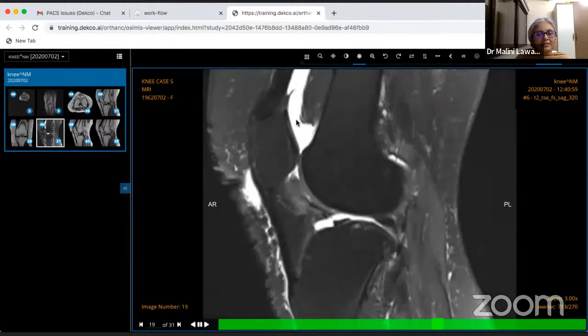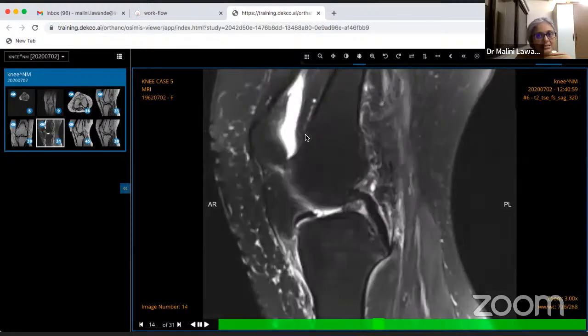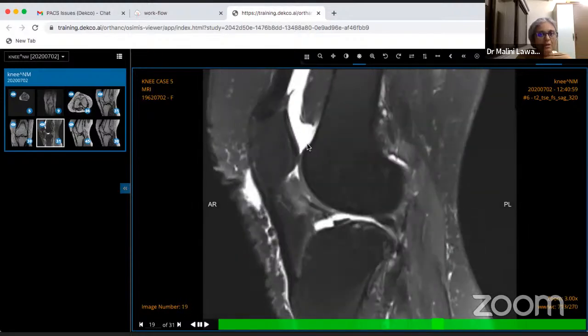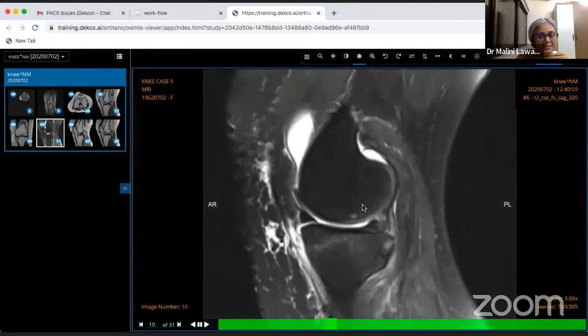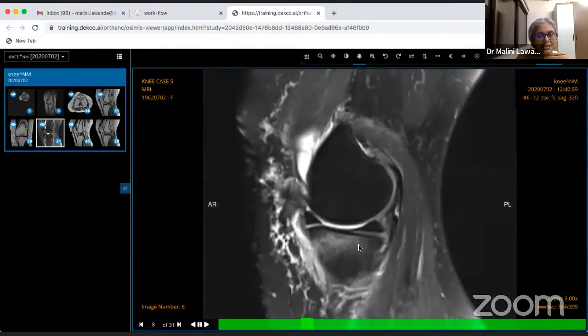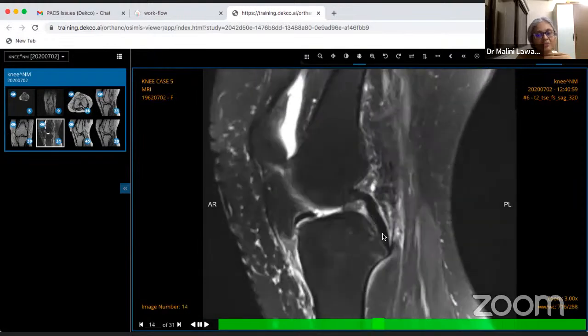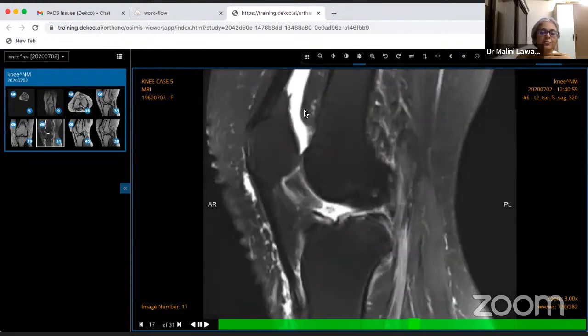So this I would call mild to moderate effusion, but some little joint fluid is fine. In the absence of internal derangement, an inflammatory etiology needs to be ruled out is what we could say. But here, because this patient has cartilage issues, subchondral insufficiency fracture as well as meniscal root tear, this effusion, I would consider it only reactive.